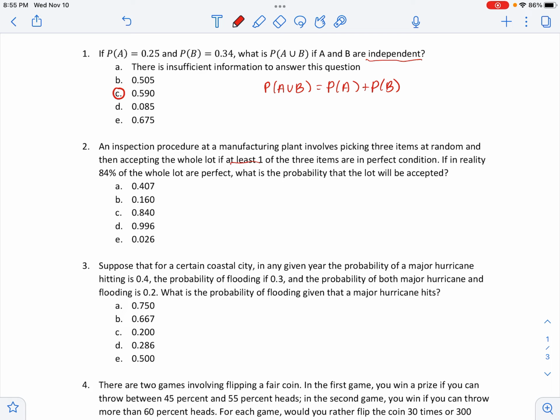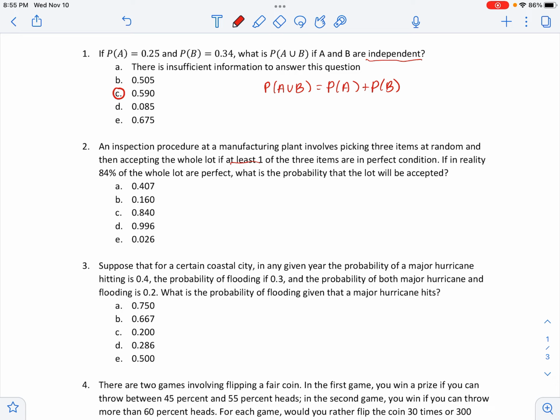And that's really hard to calculate because it could be 1 item, it could be 2 items, it could be 3 items. At least one, there's different possible outcomes. But at least one is the complement of none. So we can actually find the complement of the probability that none are perfect, and then that will tell us at least one.